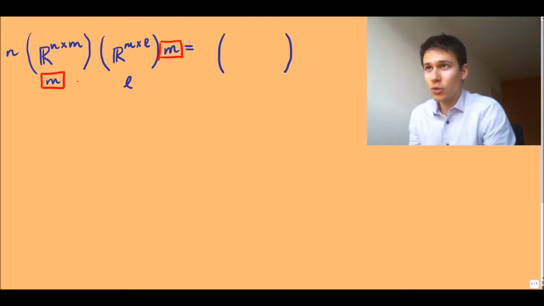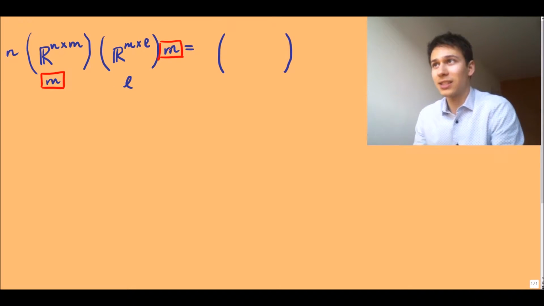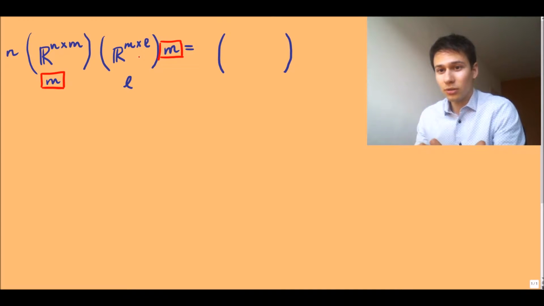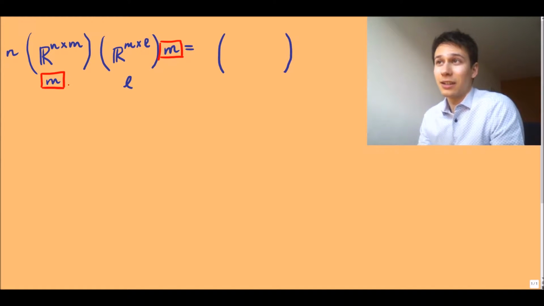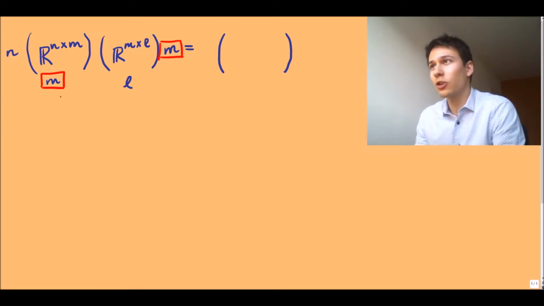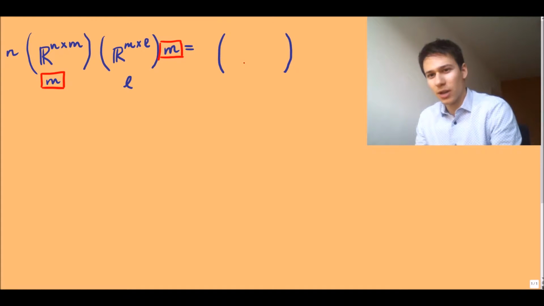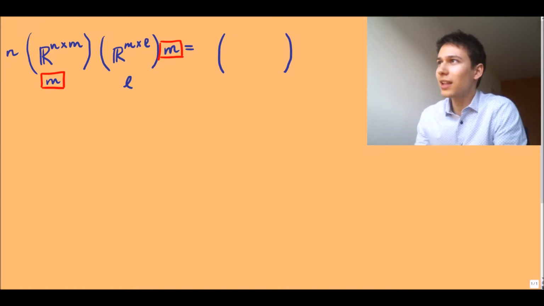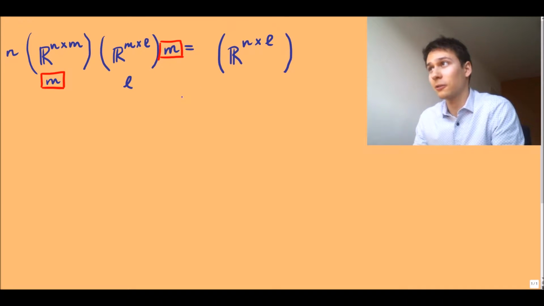And you have to choose these dimensions the same, because if you don't, it is not possible to multiply the matrices. So this is a condition that is needed in order to get a resulting matrix. And the resulting matrix is gonna be of dimension R^(n×l).